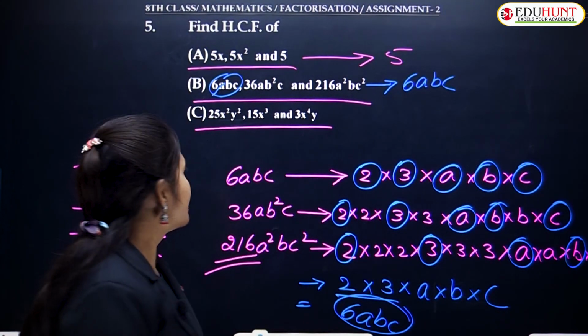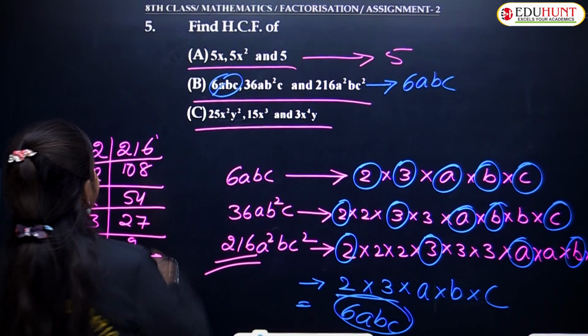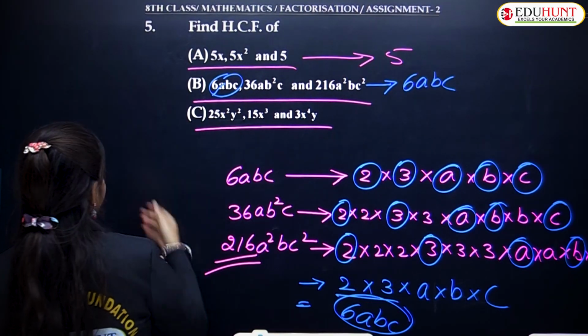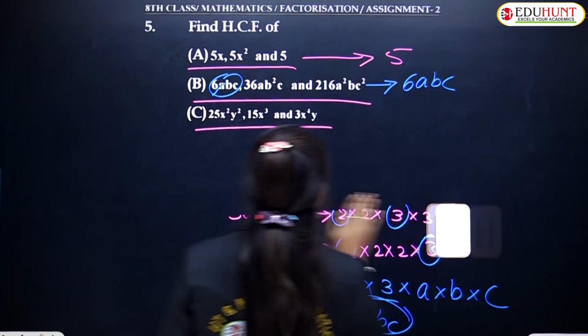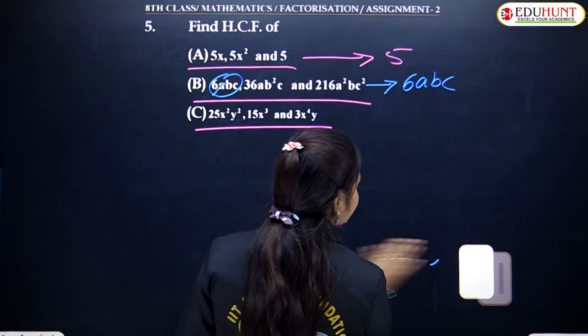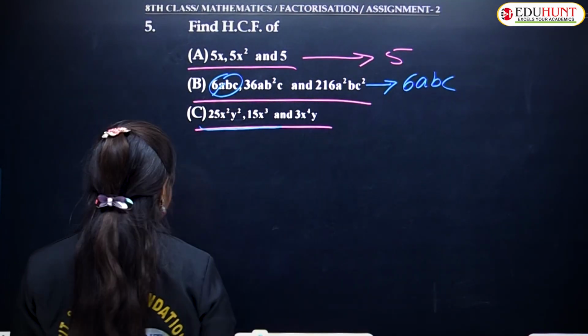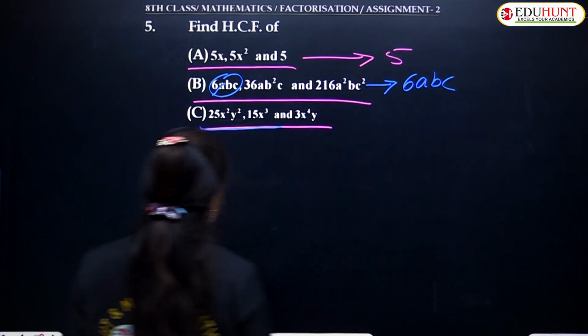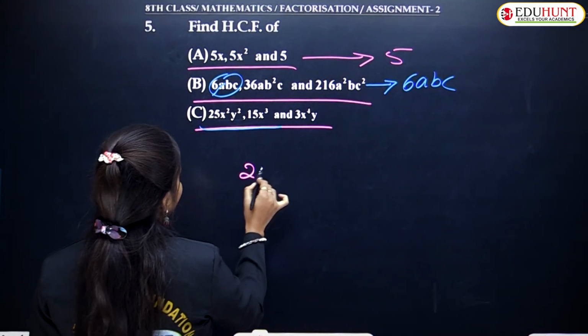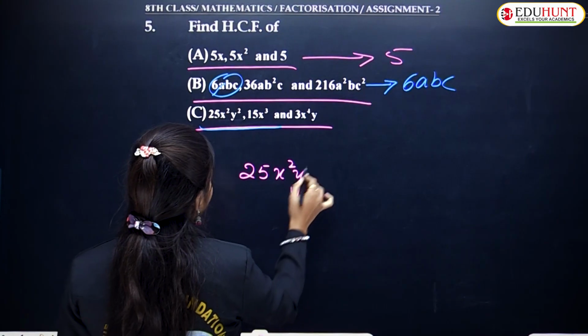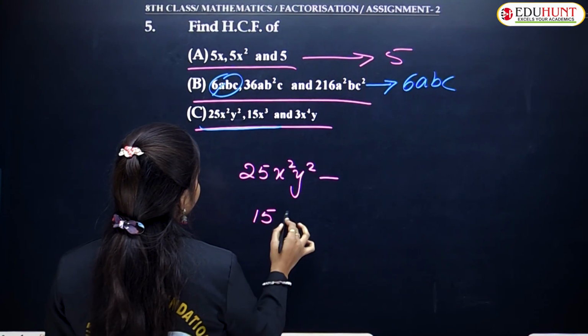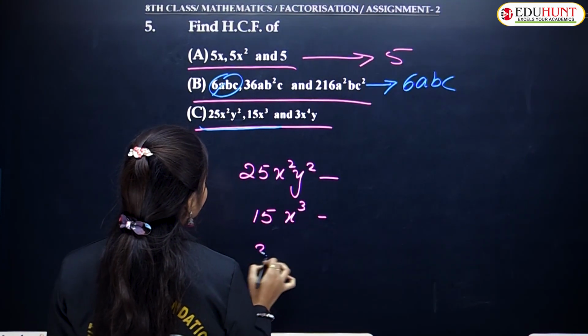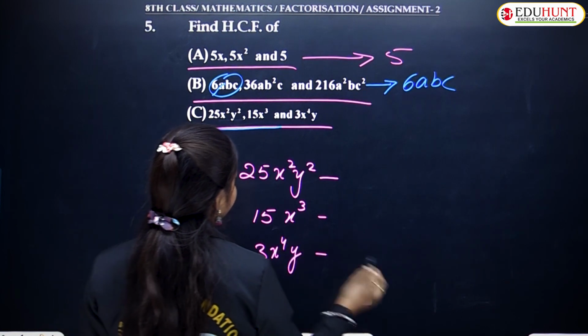Understand? Yes. So next see here C. Next see this one. What is that? 25x square y square, next 15x cube, and here 3x power 4 y.